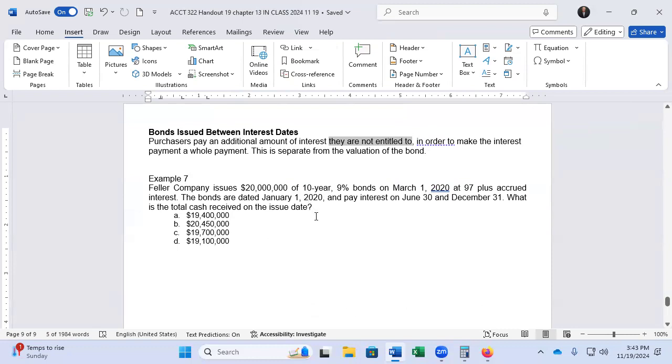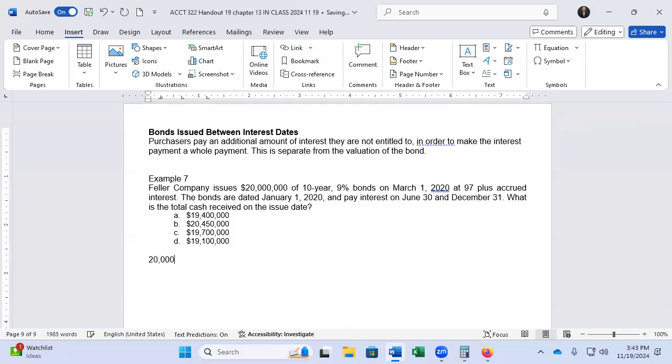They just send out the payments. And so you'll get a full payment later, even though you've paid for the interest on the first month or 2 months here. So it says the company issues 20 million of 10-year 9% bonds on March 1, 2020 at 97 plus accrued interest.